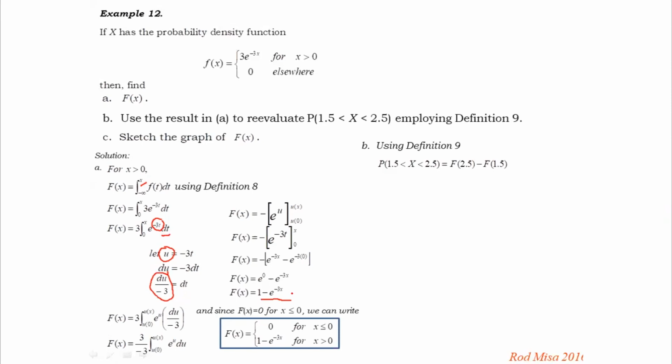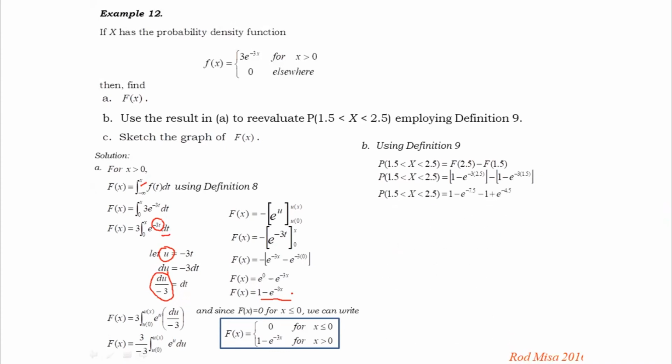So applying that definition, we have the big F of the upper limit of 2.5 minus the big F of the lower limit of 1.5. And we know that our big F is 1 minus e to the power negative 3x. Our x is 2.5, so we just substitute it there, minus 1 minus e to the power negative 3 times our x of 1.5.